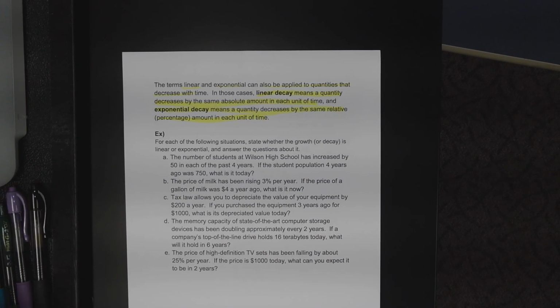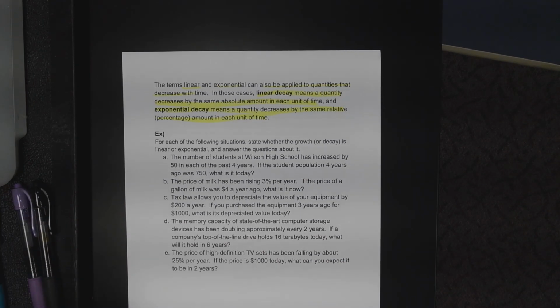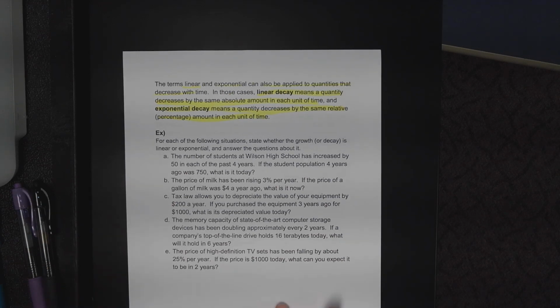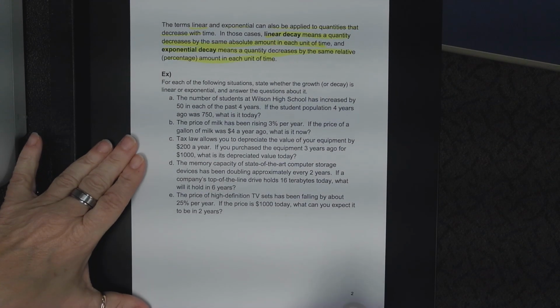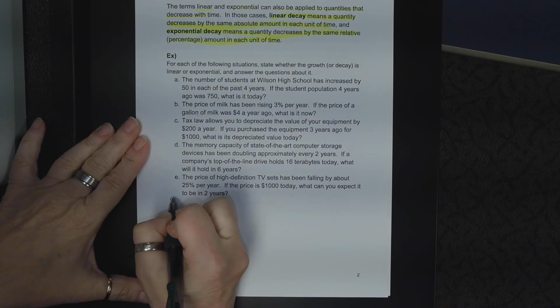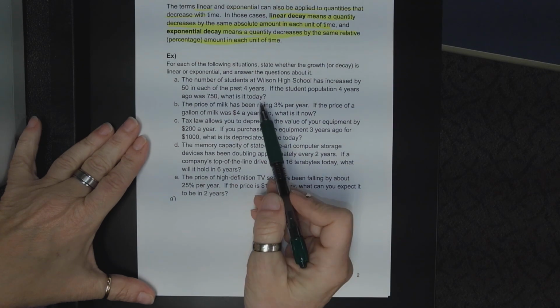So number 1, the number of students at Wilson High School has increased by 50 in each of the past 4 years. If the student population 4 years ago was 750, what is it today? So A. So it increased, right?